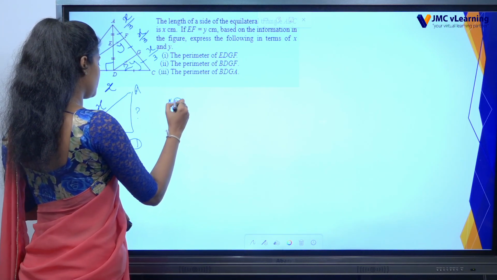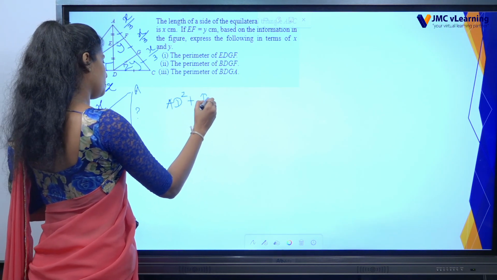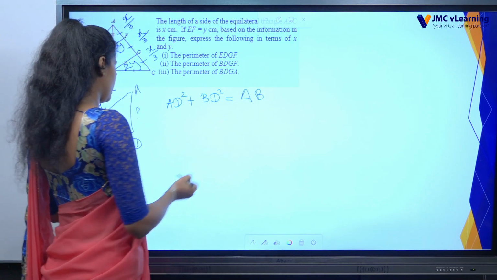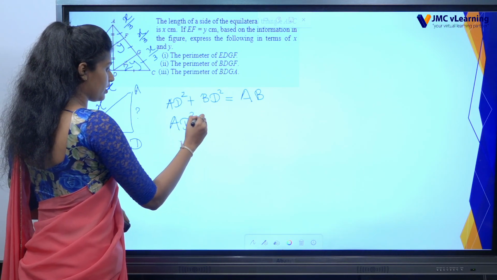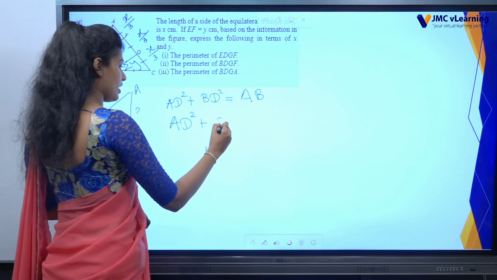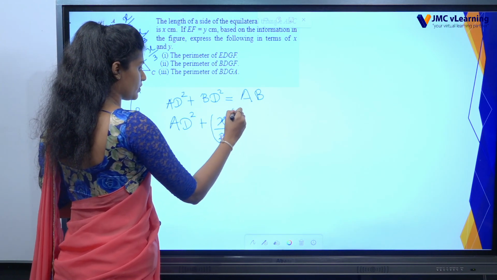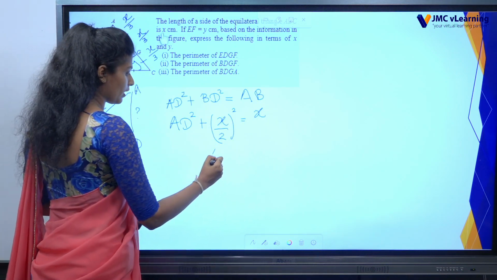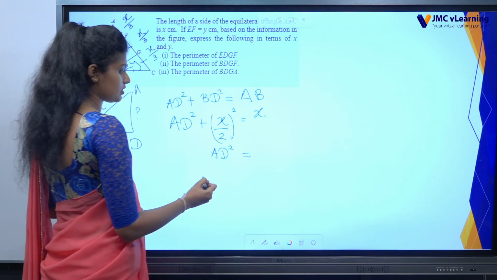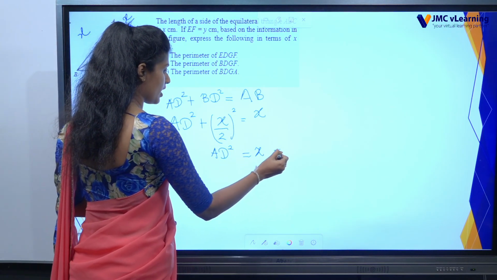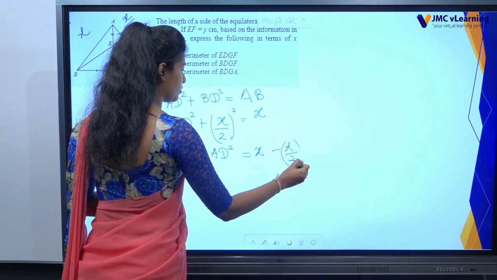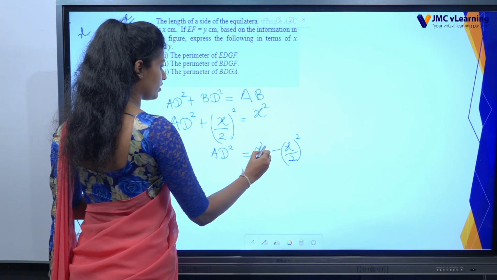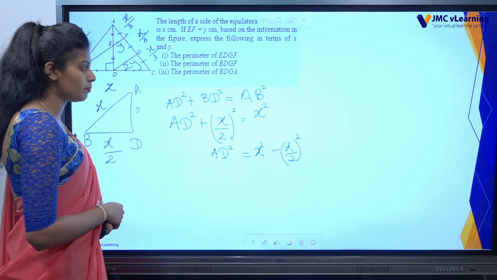Then AD squared plus BD squared is equal to AB squared. So AD squared, with BD meaning (x over 2) squared, equals AB, which is x squared. Then AD squared is equal to x squared minus (x over 2) squared.